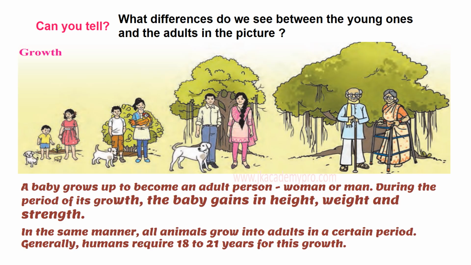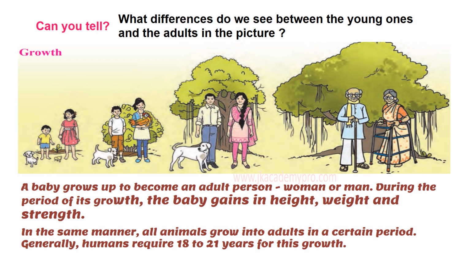There's also a hen. And if you look at the picture behind them, in the first picture, there is a small sapling. In the second one, the sapling has grown into a small plant. Then it has grown into a tree. And lastly, the tree has grown wide and strong.